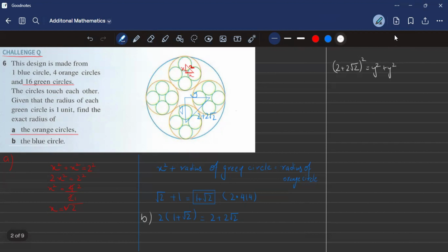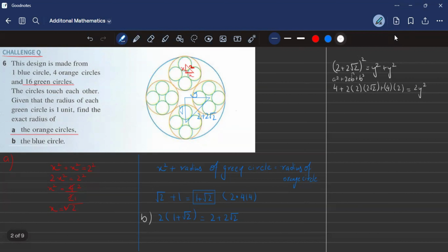By the way, we are following the identity a squared plus 2ab plus b squared. So a squared is 4, plus 2ab, where a is 2 again and b is 2 under root 2, plus b squared, which is 4 multiplied by 2, that is 8, equal to 2y squared.